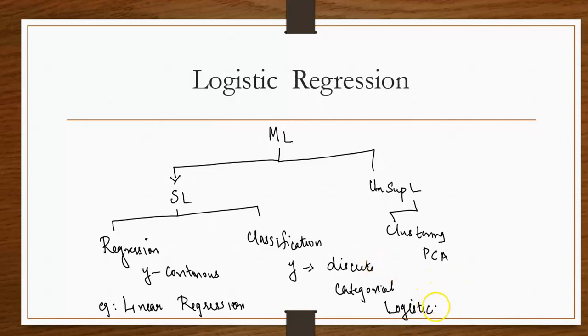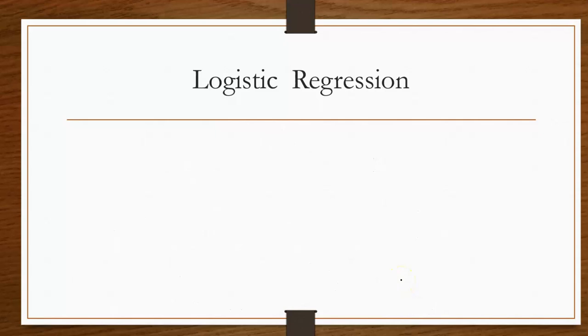So as we have already discussed, logistic regression is for categorical variables. So we can get into more detail. In logistic regression, the output y, the predicted value y, is a categorical variable.